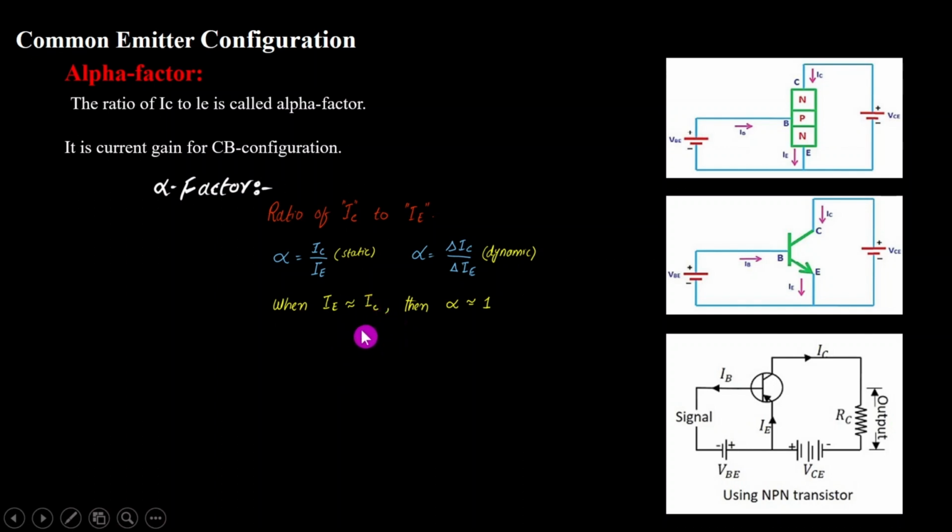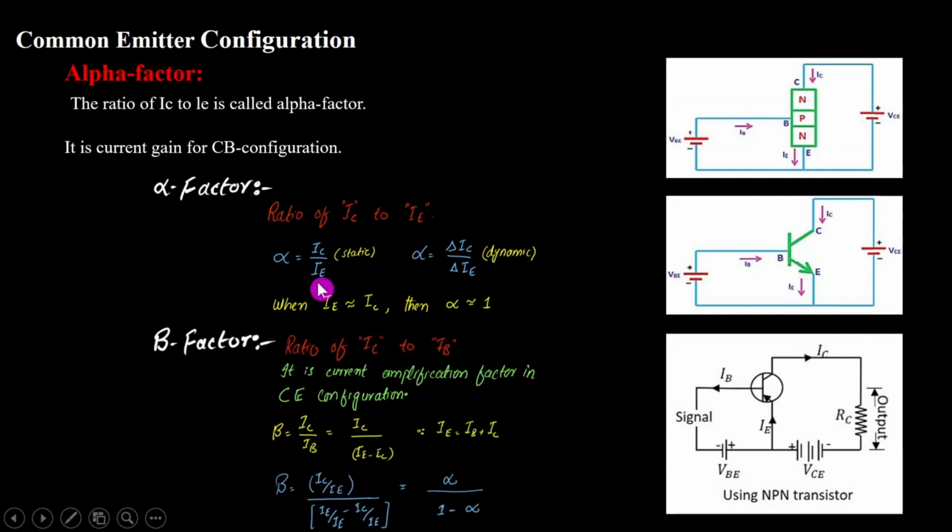So IE is approximately equal to IC. If they become equal, they cancel, and the alpha factor will be 1 for this circuit. Now, what is the beta factor?